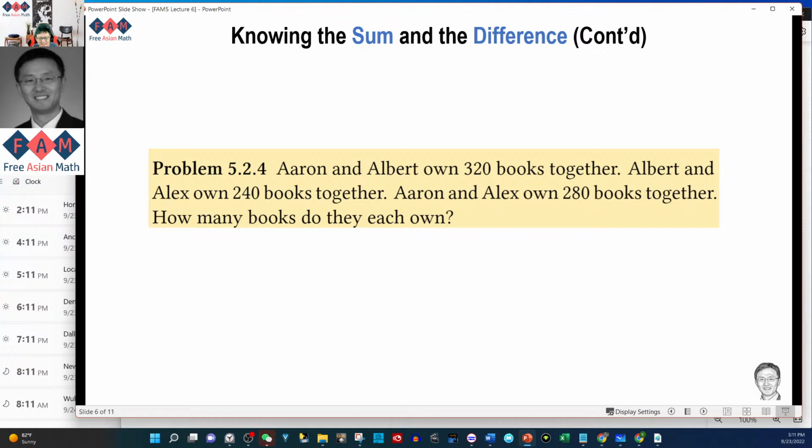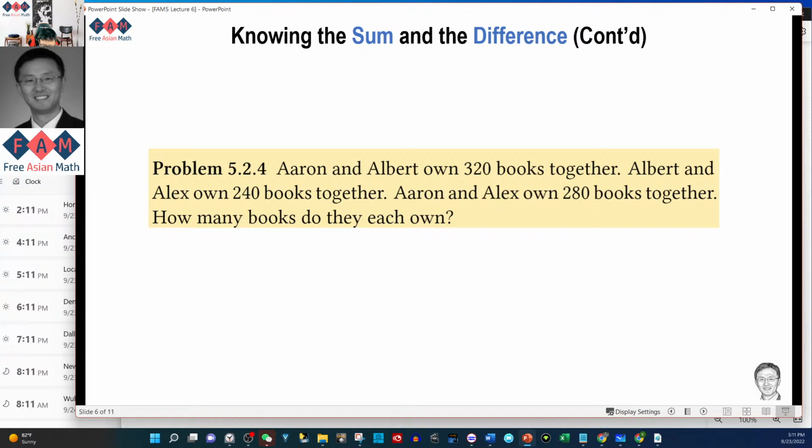It sounds complicated, but if you think about this very carefully, we know the sum between each pair of boys, right? If this is a sum and difference problem, then we need to know the difference between any two boys, but we don't know that, at least not immediately.